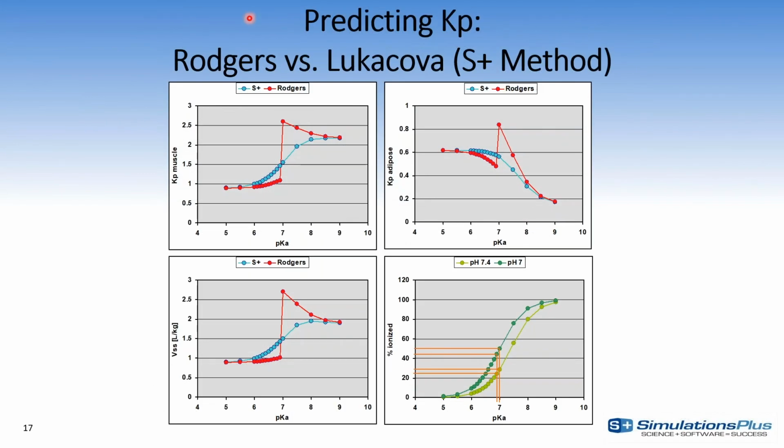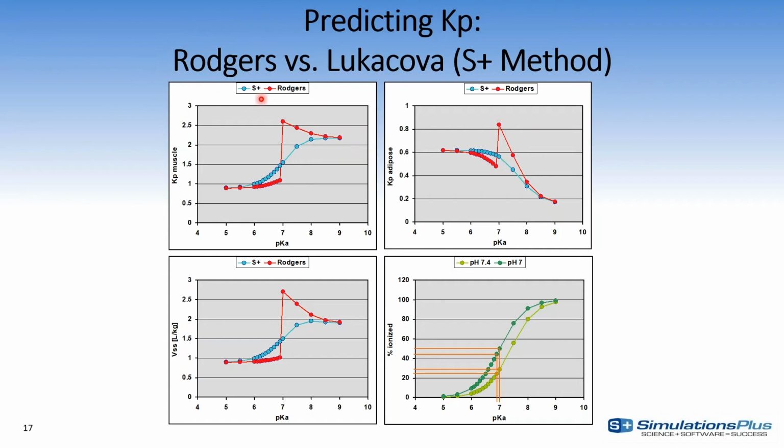So here is the comparison between the Rodgers and the Lukacova method. As you can see in the Rodgers method, for the Kp calculations, when the compound crosses pKa equals 7, you have the sharp jump, which is unrealistic, because for that small change in pKa, it shouldn't have a jump in the volume of distribution estimation.